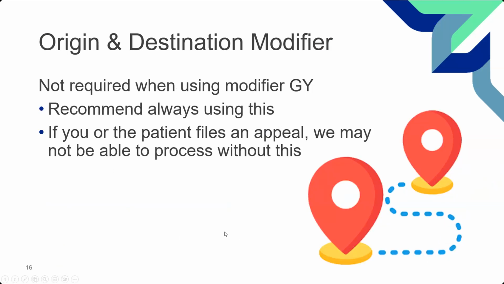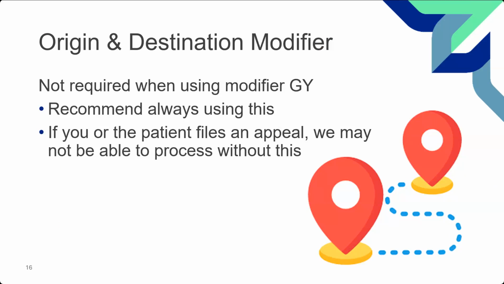Let's keep going here. Someone asked about the origin and destination modifier. There's a note out there on our website that you don't have to append an origin and destination modifier when you are billing the GY modifier. Yes, that is a true statement. This causes issues though. If the patient files an appeal, you don't necessarily give us the origin and destination modifier, but you supply us with all the documentation.